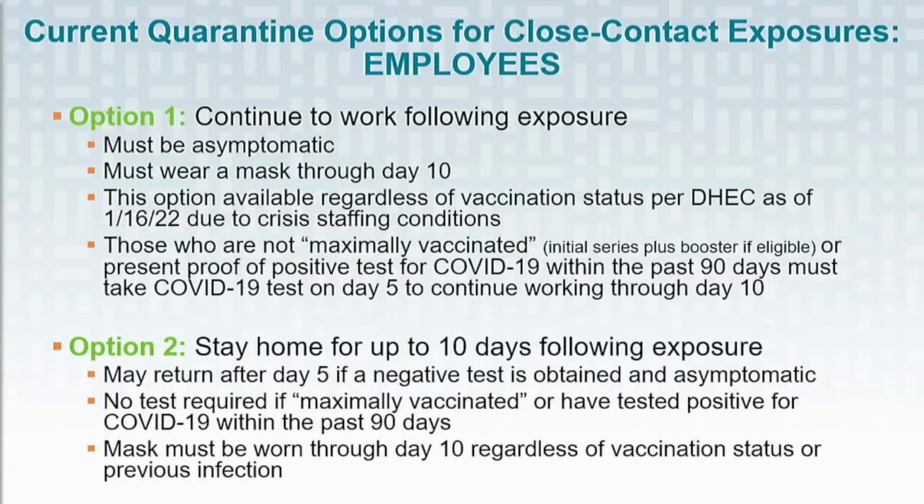Those who are not maximally vaccinated, initial series plus booster if eligible, or present proof of positive test for COVID-19 within the past 90 days must take a COVID-19 test on day 5 to continue working through day 10. They can come to work, have to go take that test, and to continue, have to have a negative return.